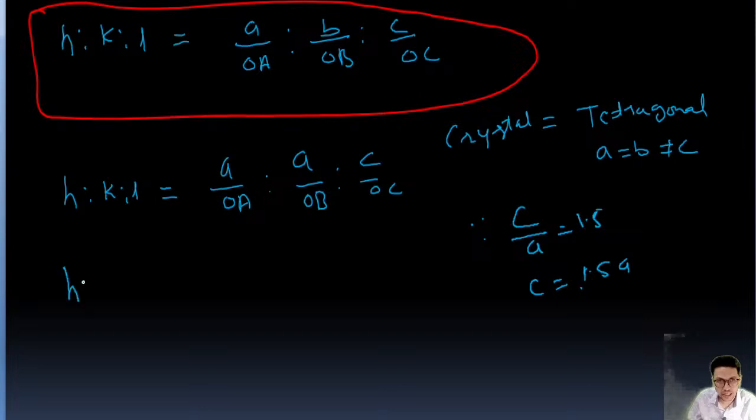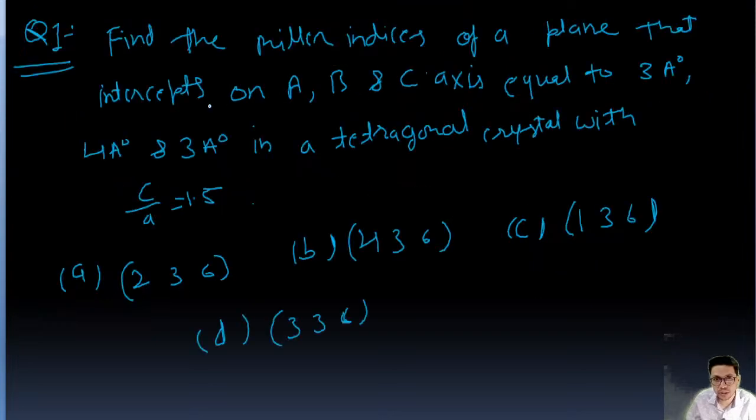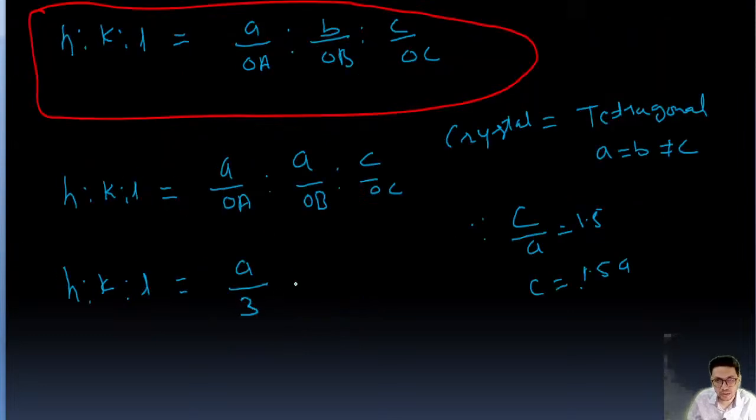So HKL, this formula is important, right? HKL equal to this, so this is going to be A upon OA. The intercepts are also given. The intercepts on ABC axes are 3 angstrom, 4 angstrom, and 3 angstrom. So OA equal to 3 angstrom, which is given, OB equal to 4 angstrom, and OC equal to 3 angstrom.